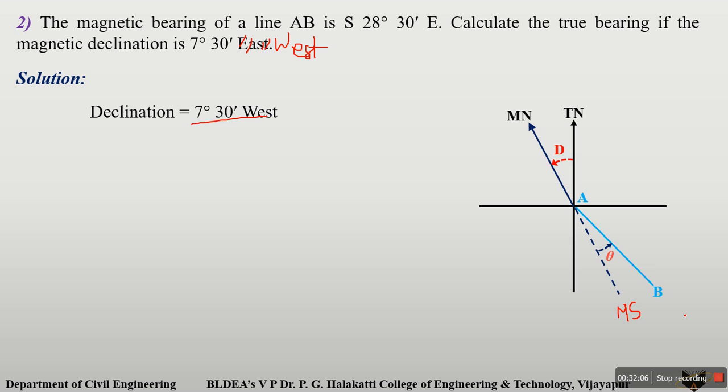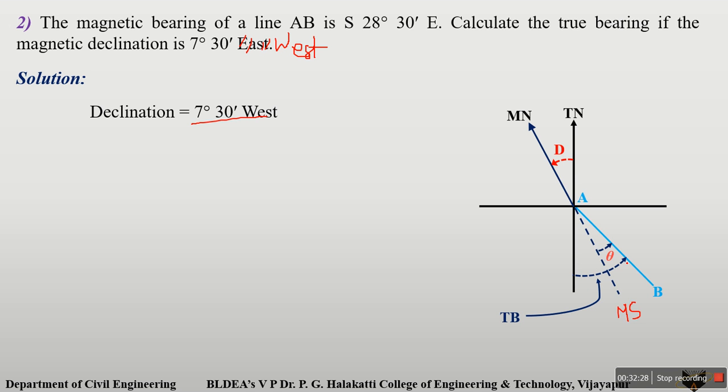Now we have to calculate the true bearing. It is in the quadrantal bearing system. If the line is present in the second quadrant, the bearing is measured from the true south to the line, like this. This is our true bearing.